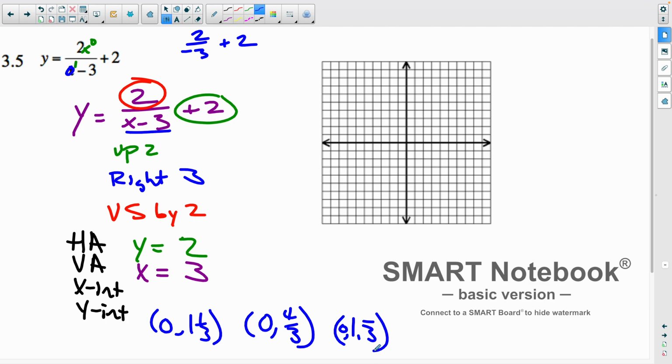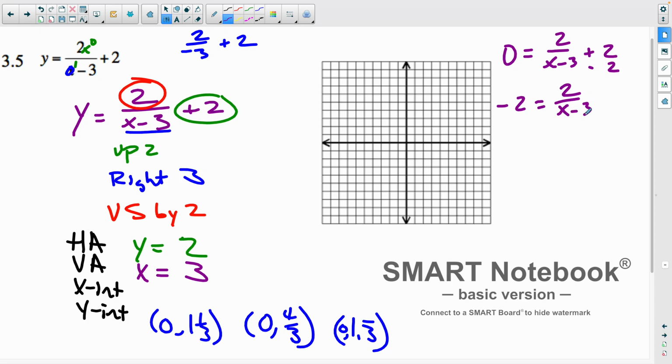Now, this is the one thing that is a little bit tricky, and I'm going through this because it could show up on the quiz on Friday. All right? If I'm looking for my x-intercept, 0 goes for y. So I get this problem right here. How do you solve this? Subtract 2.